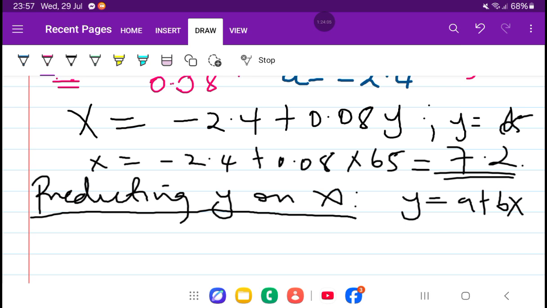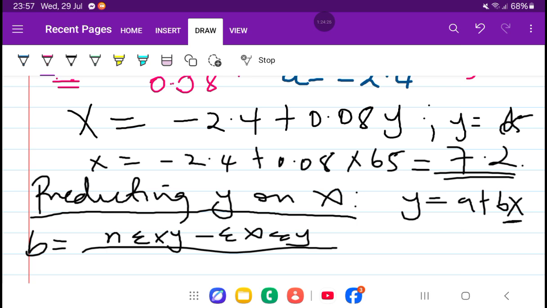But the other one was x equal to a plus. It is just an interchange of the values. And what happens to be the independent here will be the one that will be on our numerator. So the b value will be n summation xy minus summation x summation y over n summation x squared minus summation x bracket squared.